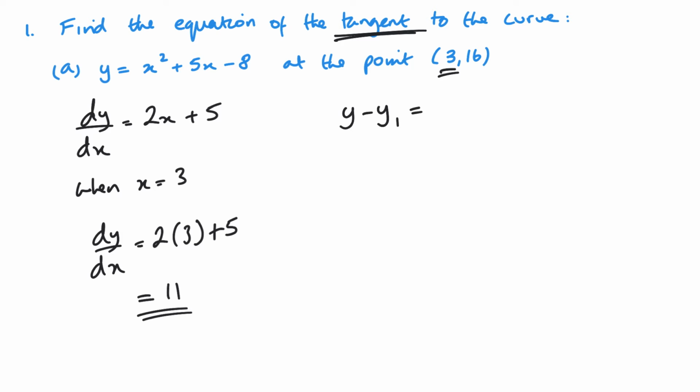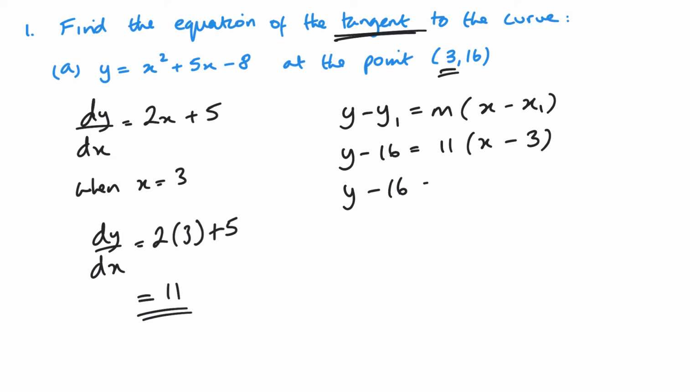And that is the gradient of the tangent. Now, equation of straight line. Substitute all my values in. And it should be nice and straightforward then. And there we have it, equation of our tangent.